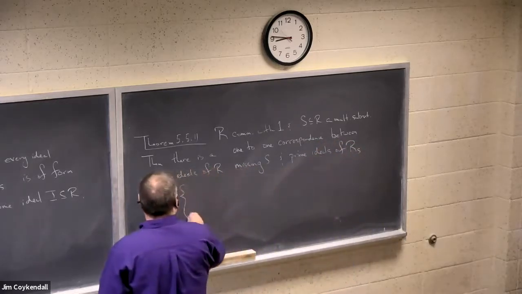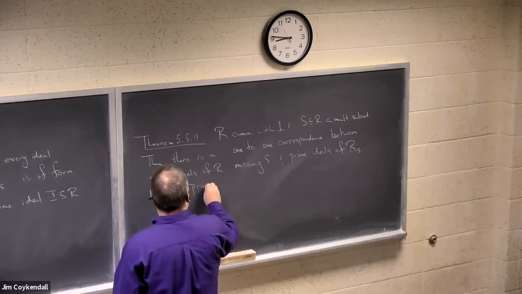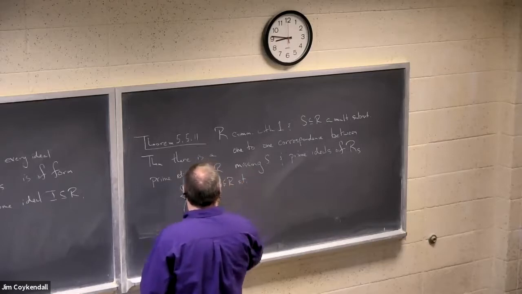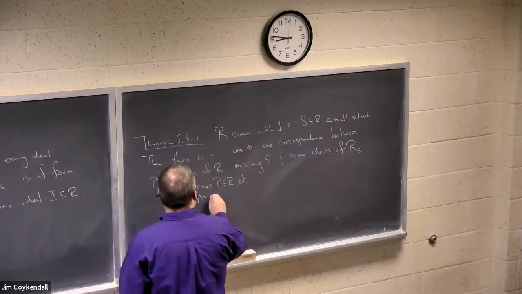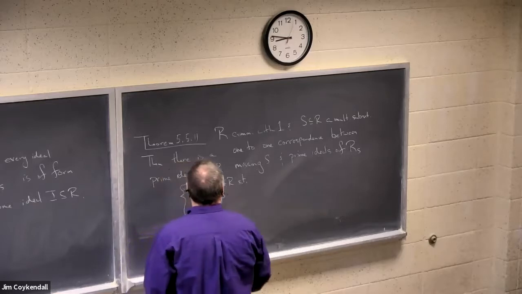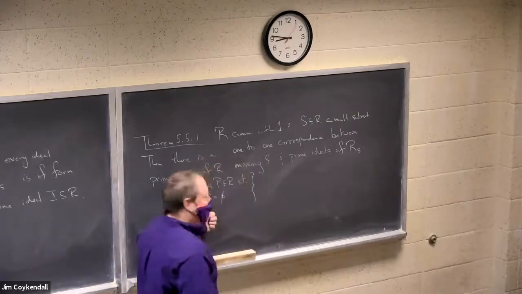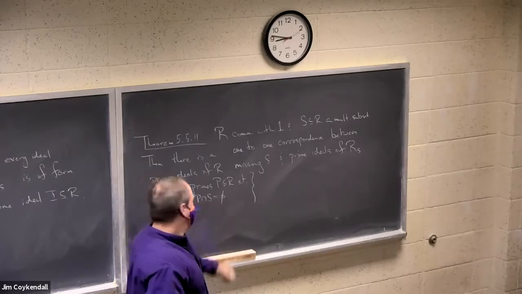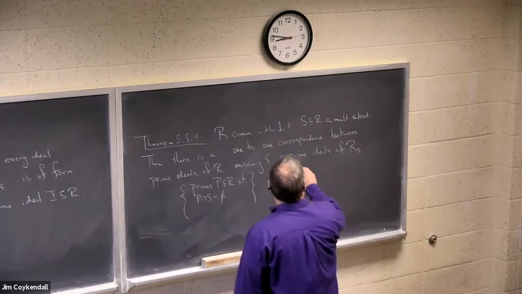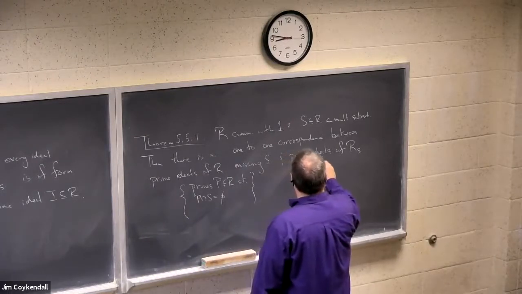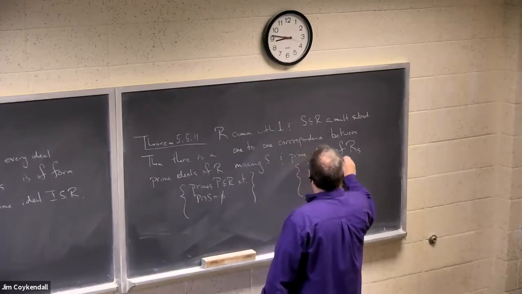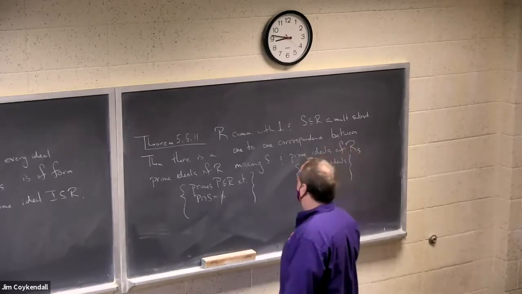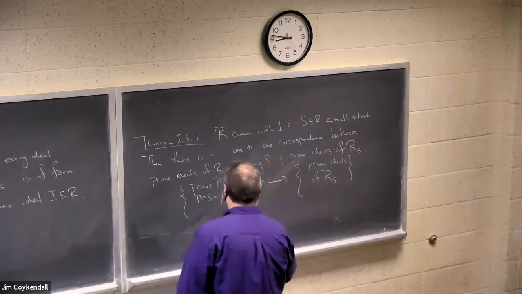So here's the way it works. That's what I mean by missing S, not that its heart is lonely, it's just that the intersection is empty. And here's the way the correspondence works.